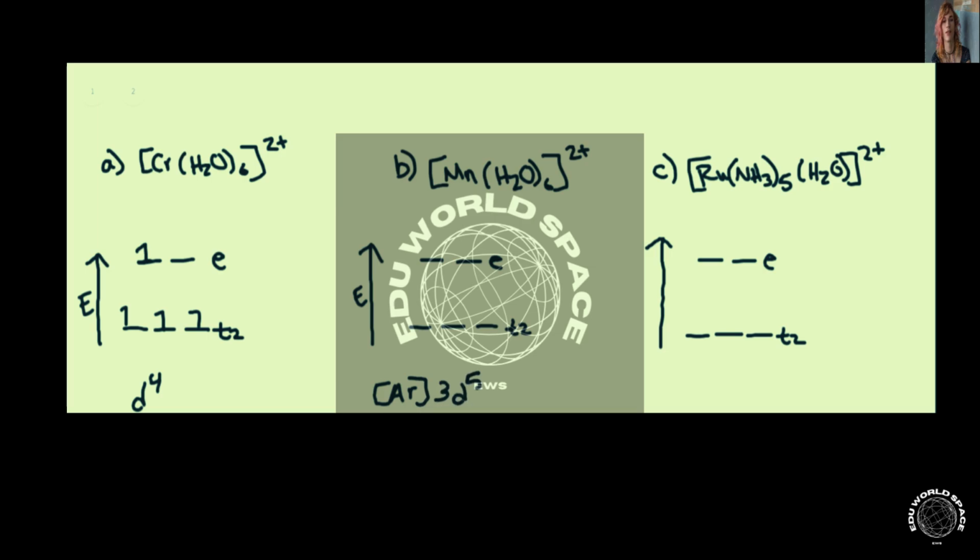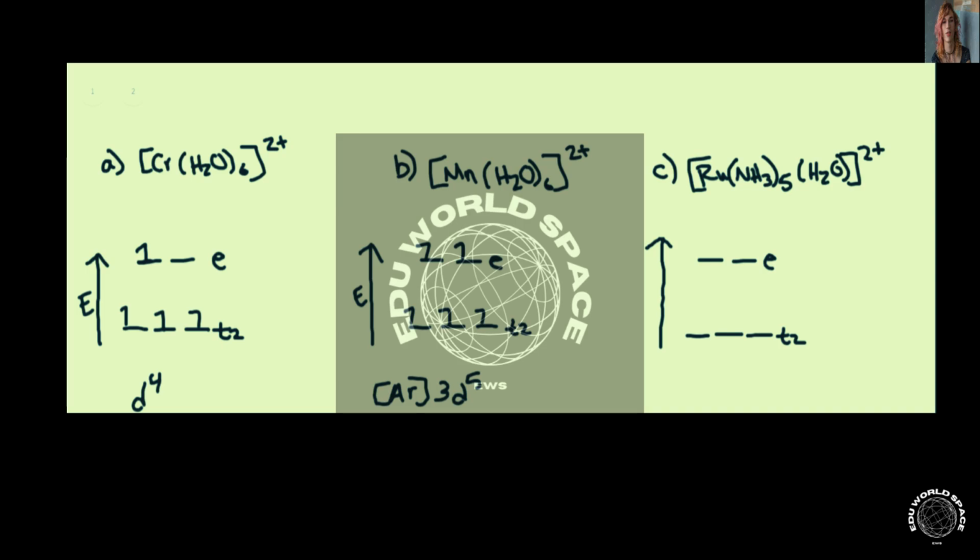So there are 5 electrons in this d orbital. It told us that this was a high spin complex, and so we know that all 5 of these electrons are going to be unpaired, as in 1, 2, 3, 4, 5.